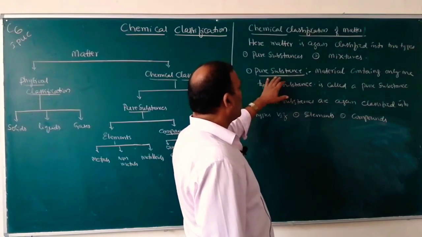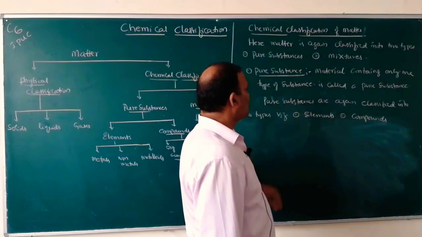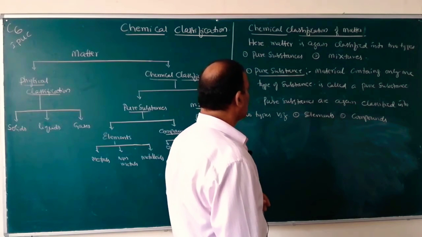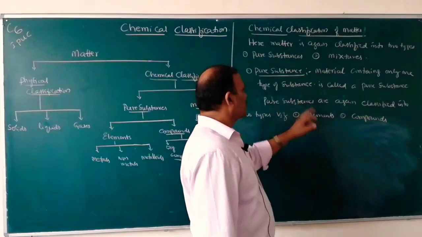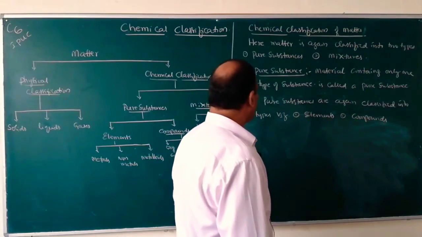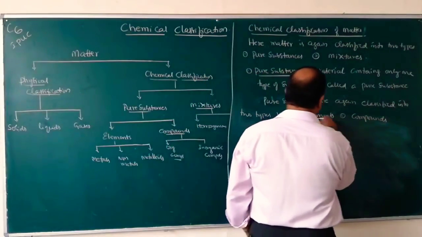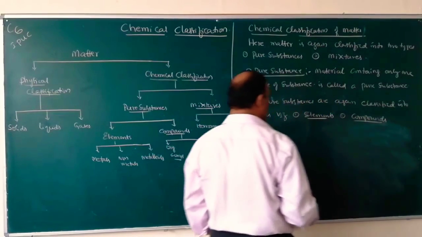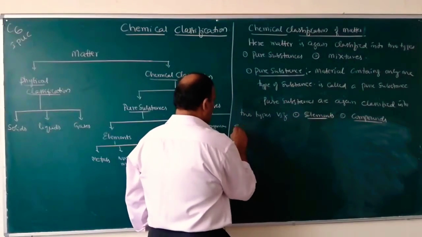Material containing only one type of substance is called a pure substance. Pure substances are again classified into two types, namely elements and compounds. What are elements?